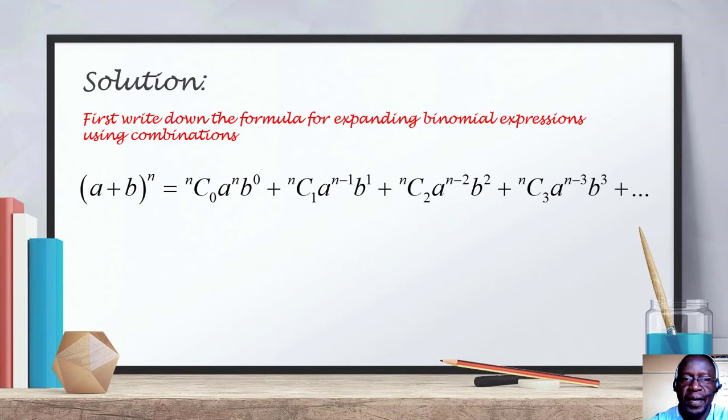We start by first writing down the binomial coefficient for the first term, which is n combination 0. Notice the binomial coefficient for the second term is n combination 1, then n combination 2, n combination 3, and so on.